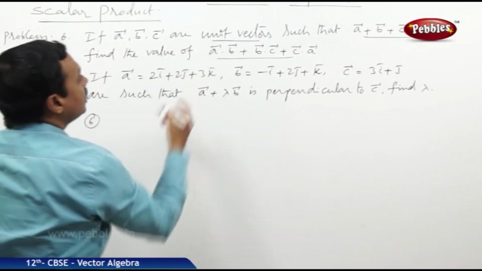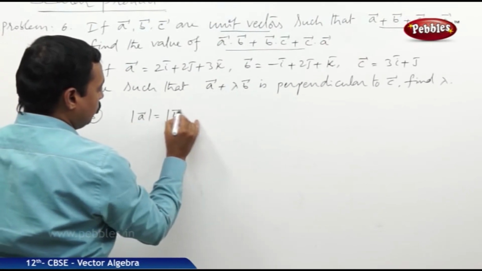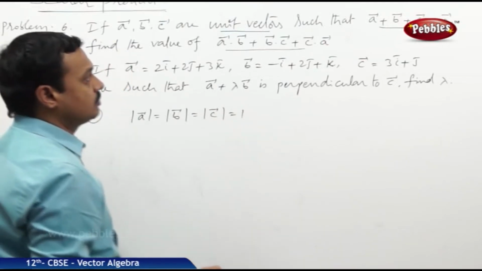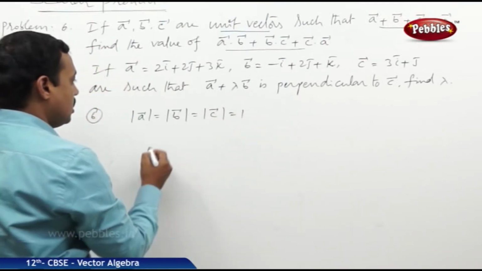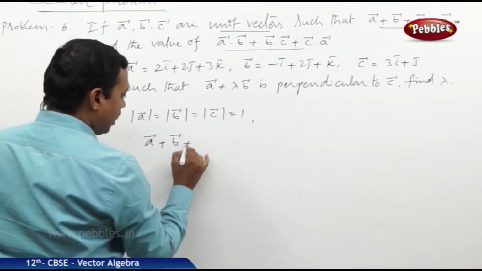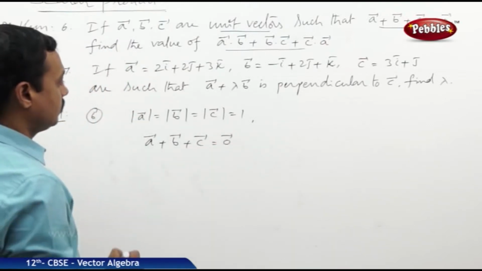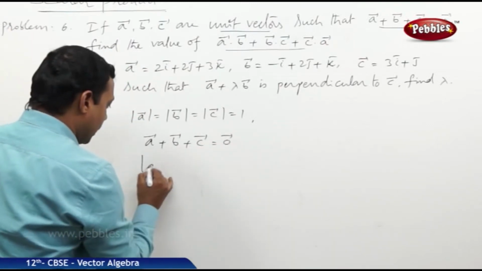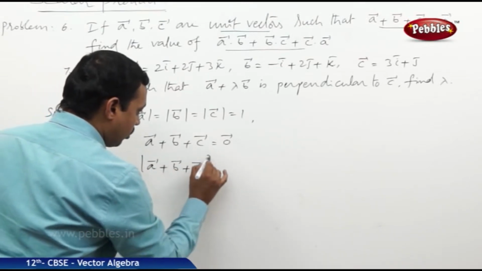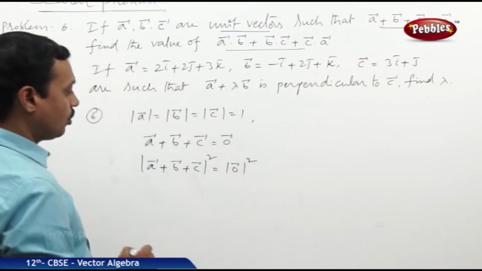A, B, C are 3 unit vectors. The magnitude of A is equal to magnitude of B is equal to magnitude of C is equal to 1, since they are unit vectors. And also given that A bar plus B bar plus C bar is equal to 0 bar. Now consider the modulus. A bar plus B bar plus C bar whole square is equal to modulus of 0 bar whole square.